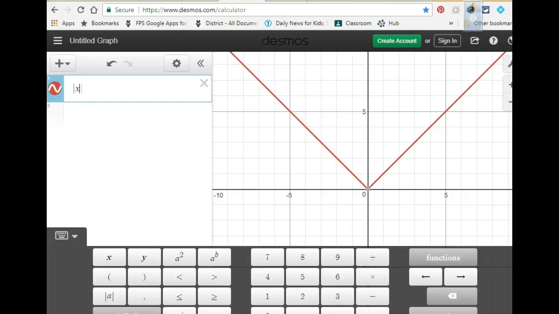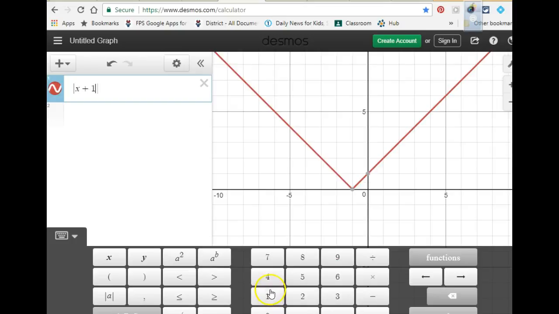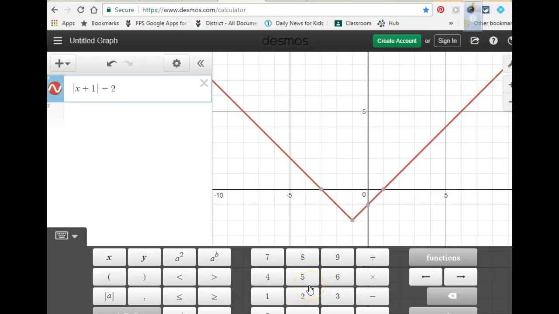So you're going to type the x and plus 1. And then outside our absolute value, you are putting a minus 2, which we should have known from yesterday. And the first question is, what's the slope of each branch?